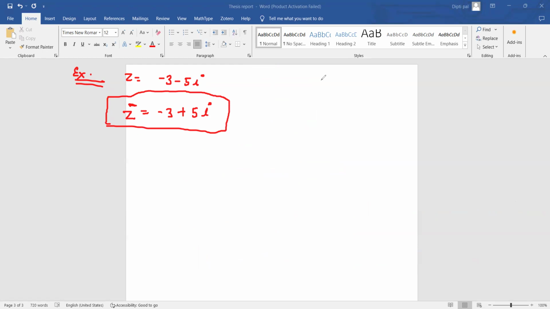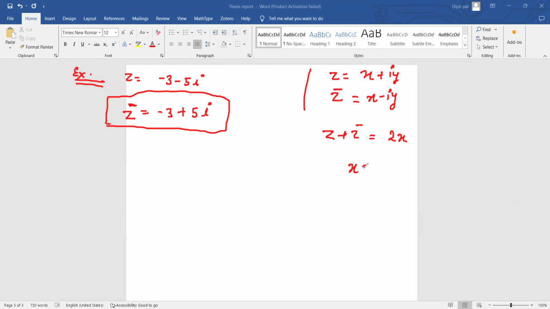We know z is x plus iy, and z bar, the complex conjugate of z, is x minus iy. If we add both of these, then what do we get? z plus z bar equals 2x.